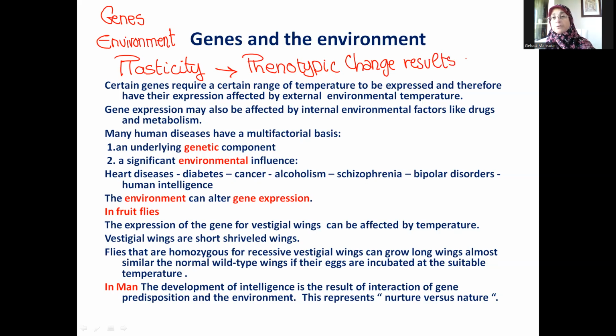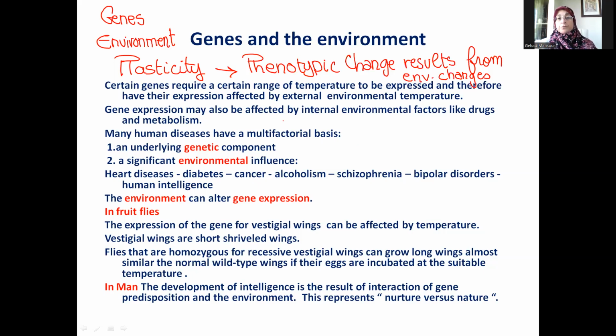So it is a phenotypic change that results from changes in the environment. And on this slide, we are going to see different examples for environmental changes that might result in phenotypic changes.